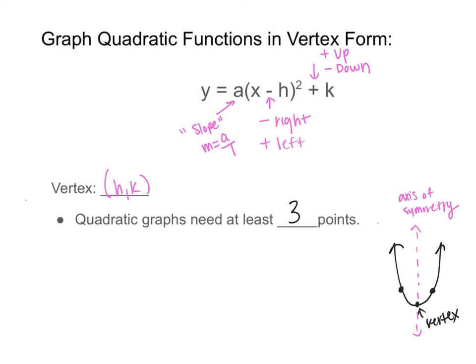So basically, make sure you know your shifts so that you can figure out the vertex. Then you'll use the slope to get your extra point, and then you're going to use the axis of symmetry to reflect to get your third point. So you need 3 points to draw a parabola. Let's first just practice how to find the vertex, because that's going to be a really important skill to know. Okay, next slide.